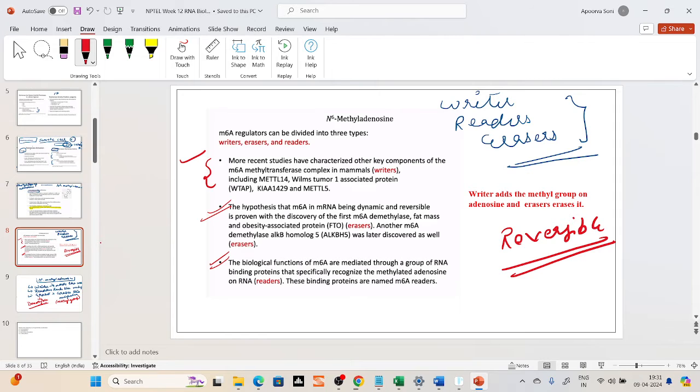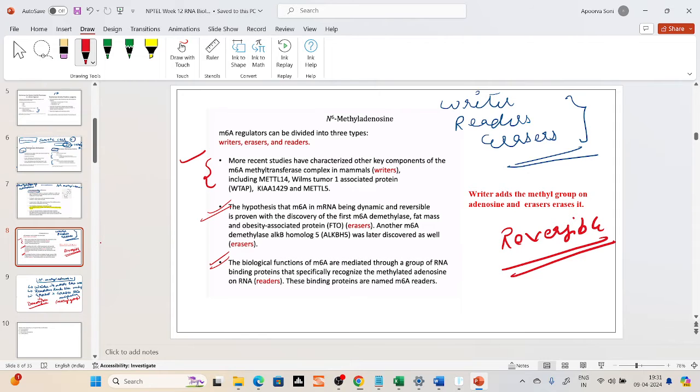Some molecule should be there that can see that this adenosine has been methylated, so now it has to perform a different function. That function is performed by proteins known as readers. So readers are the proteins that can recognize the methylated adenosine.